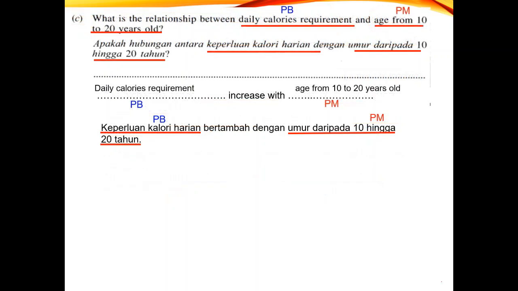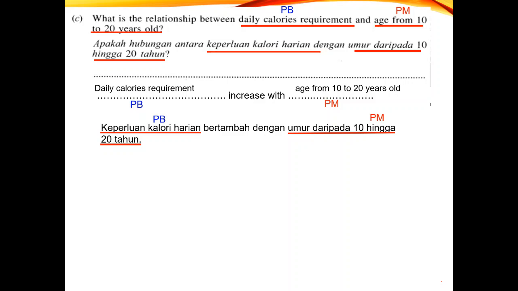We move on to this example. What is the relationship between the daily calorie requirements and the age from 10 to 20 years old? So how to write the relationship? So daily calorie requirements are referring to the responding variable, pemboleh ubah bergerak balas, and the age from 10 to 20 years old referring to the manipulated variable ataupun pemboleh ubah dimanipulasi. So you can write like this.